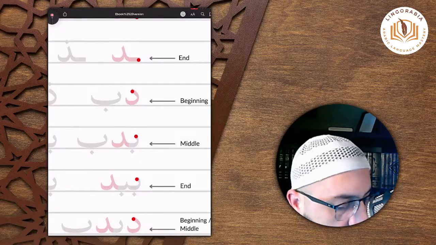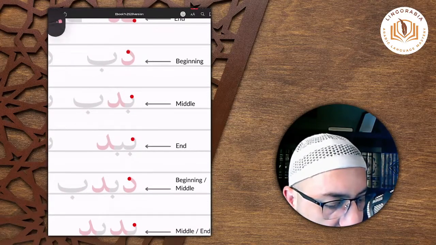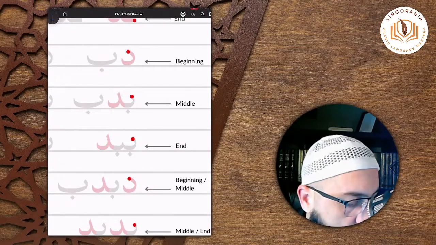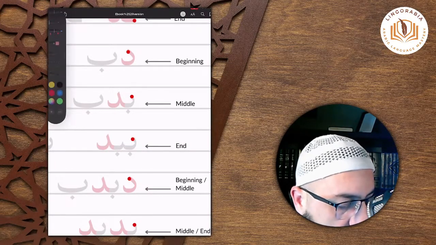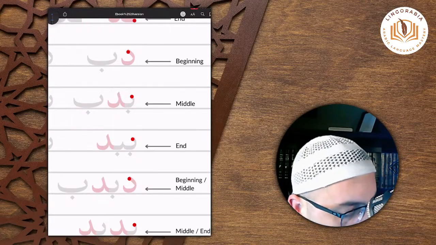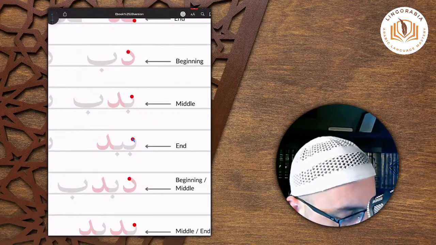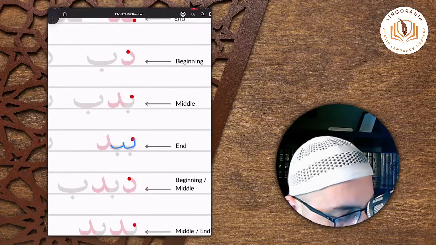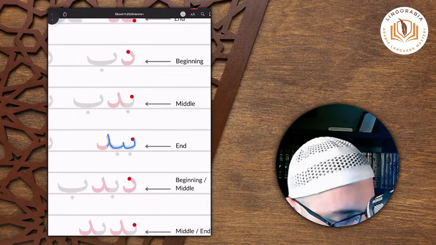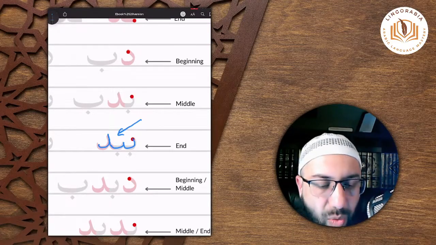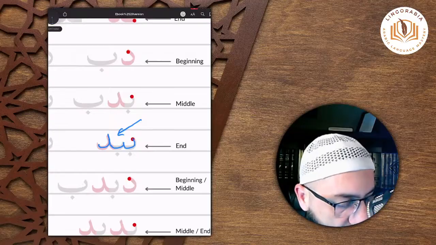Then at the end of the word, when you have the dal, you start here. This is the first letter, the second letter is also ba, so you have to write the whole formation, two bas and one dal, all together in one go.